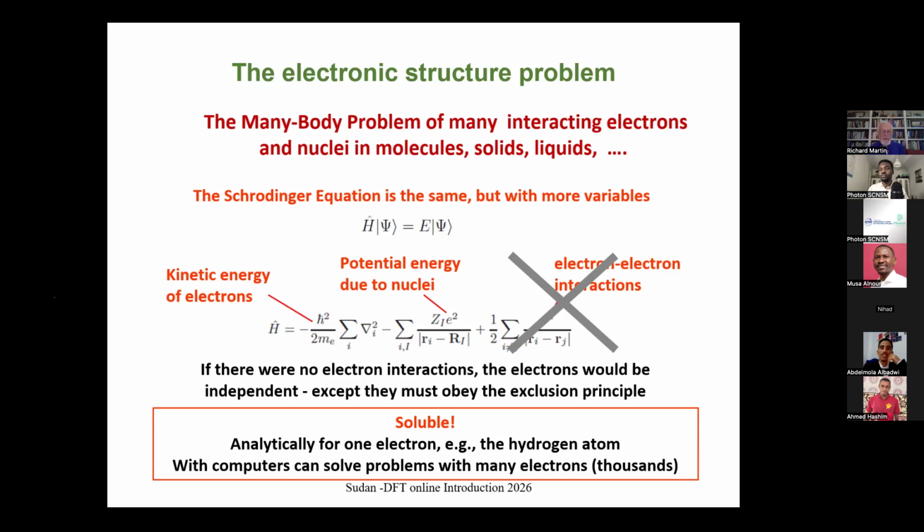As I said before, it can be analytic in some cases, and with computers, you can solve it for many electrons, thousands. And that's what the software has been developed to do in the last 30 years or so. So now we have software like the plane wave codes that are used in this workshop that allows you to do such calculations. There's a lot of tricks and work that's gone into that. I don't want to belittle it, but for our purposes, the main thing is that you can do it.